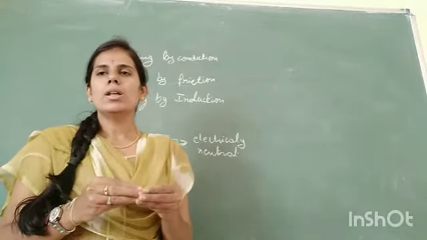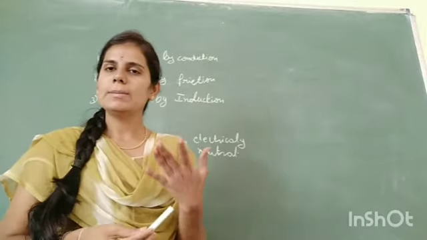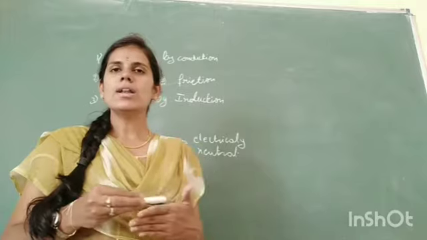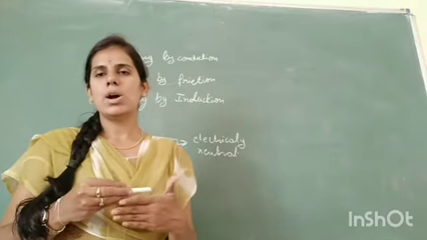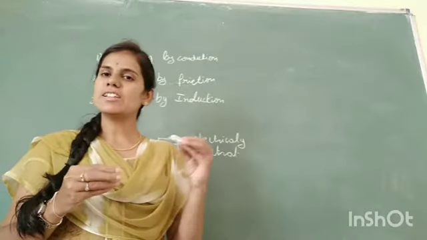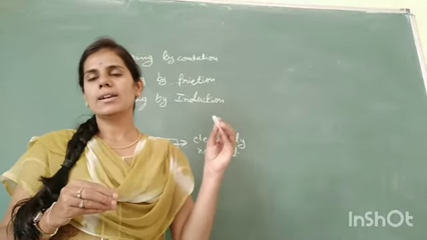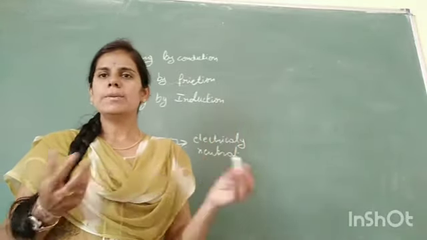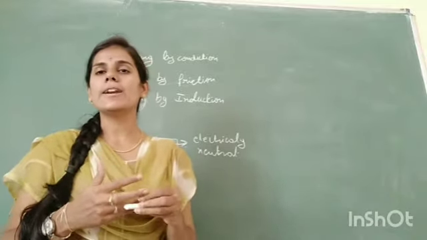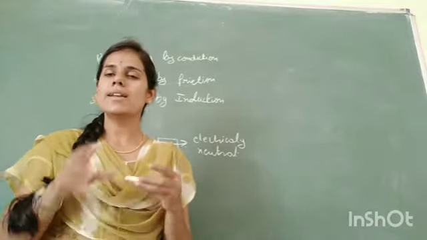Why does it attract? The glass rod acquires a charge on it, so it produces a positively charged body. If it doesn't, it means it is neutral, so it doesn't attract. Only after rubbing it attracts, meaning it acquires a charge by rubbing with the help of the cat's fur.